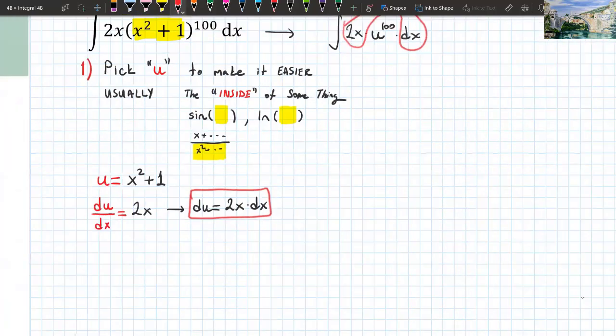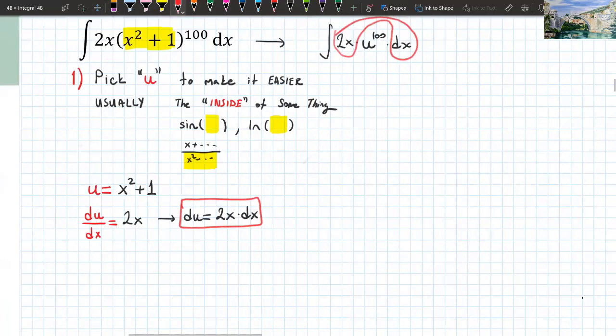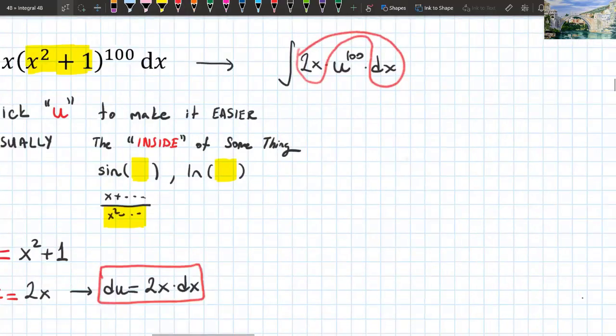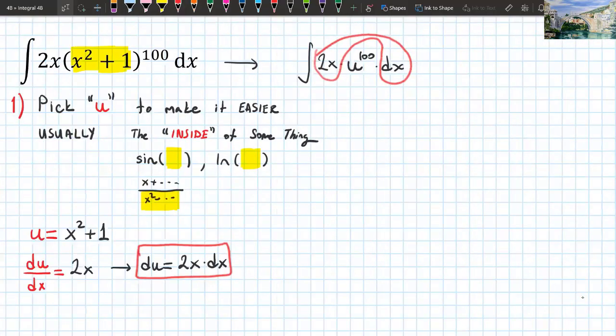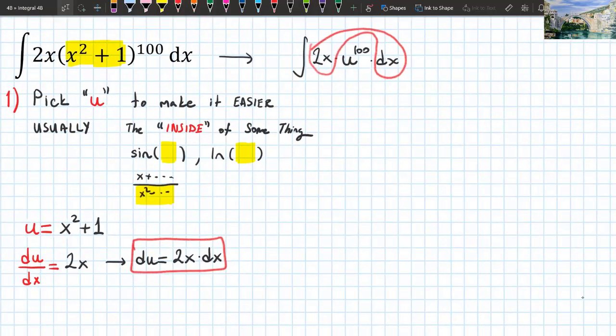The derivative of u must be somewhere in the function. So I am looking for the derivative of u, I mean du. Do you see du here? Yes. This is du. du is equal to 2x times dx. So I have 2x times dx. So bingo.